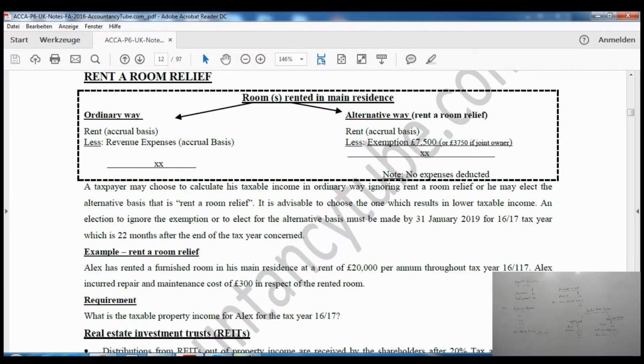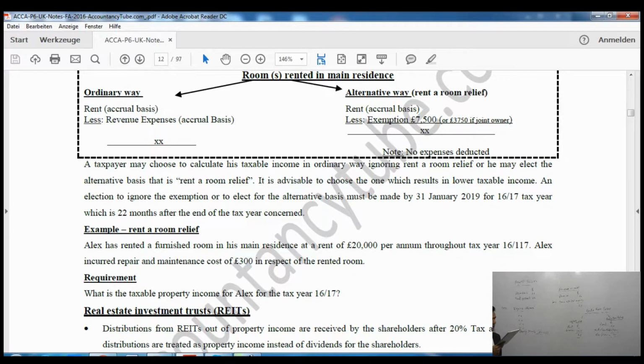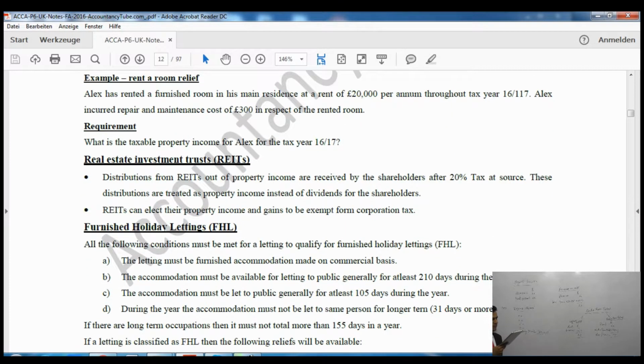Now in the example it says Alex has rented a furnished room in his main residence at a rent of £20,000 per year. So his rental income is £20,000 per year for our current tax year 16-17.